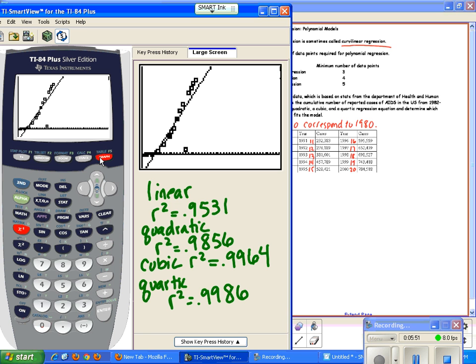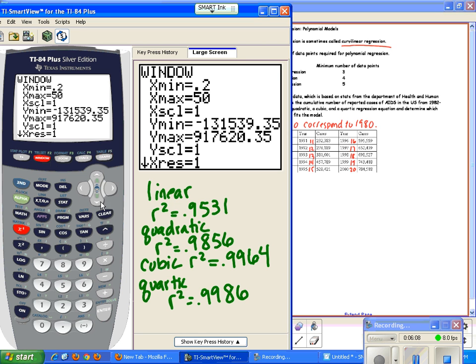So I know linear is not going to be the best. There's quadratic. Cubic and quartic. So I need to make that a little bit larger. So I'm going to do 100.